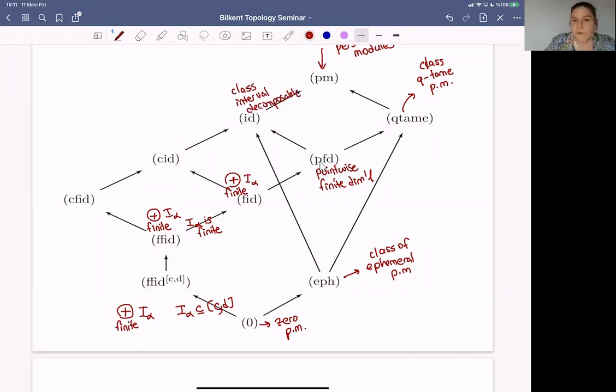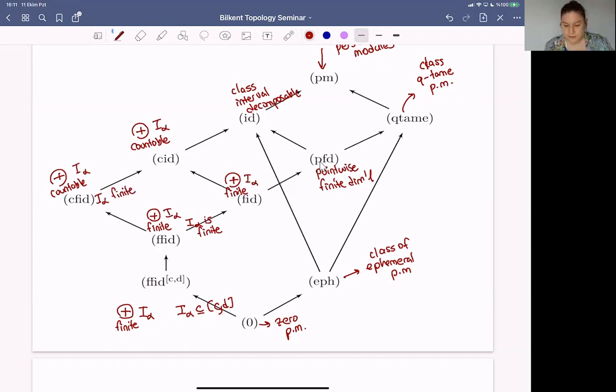Here any persistence module is isomorphic to a direct sum of interval modules. This is a countably interval decomposable one, so the index set is countable, and you can consider any interval. So this is countably finite interval decomposable. Again, the index set is countable, but each interval has a finite length.